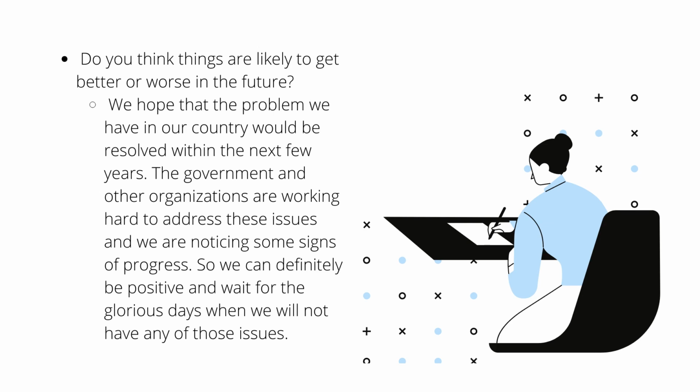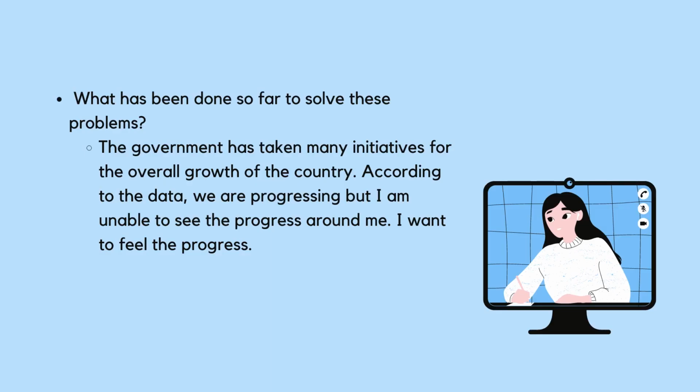Now moving towards the next question. What has been done so far to solve these problems? In this question, you should mention all the actions that you are aware of that have been done to solve the given issue. Let us see the possible answer for this question. It goes like, the government has taken many initiatives for the overall growth of the country.